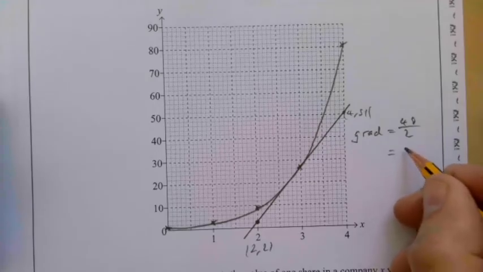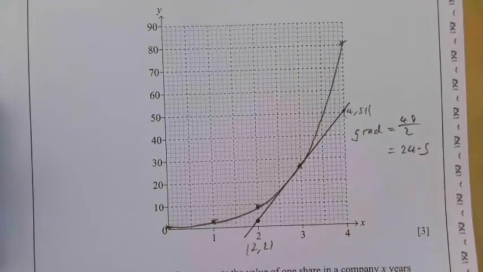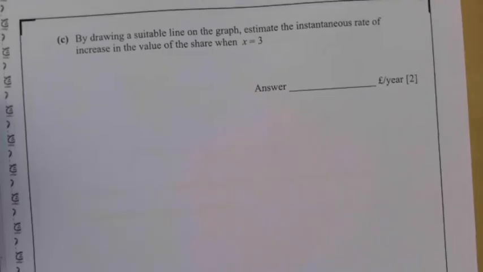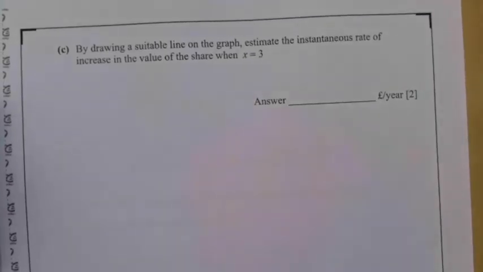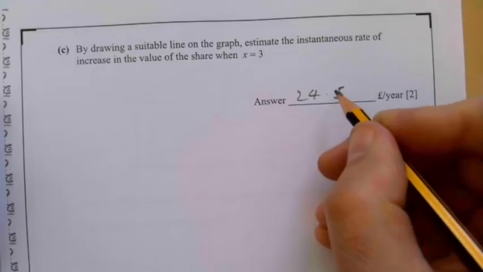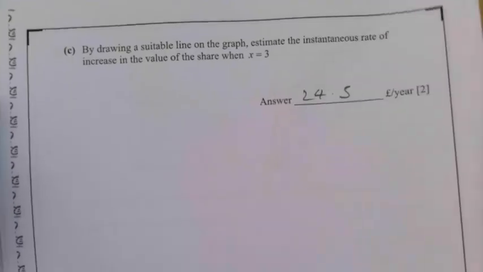So my rate then is 49 divided by 2. So at that stage we think it's 24.5 pounds per year. Because the rate of increase then is going to be that. Okay.